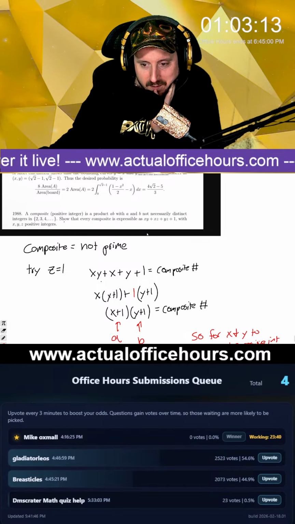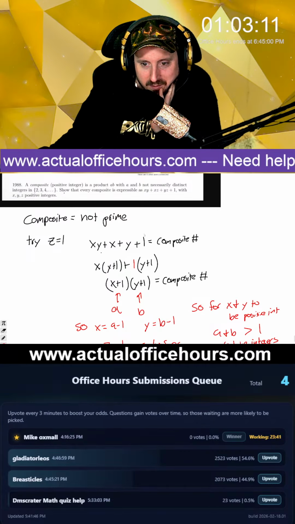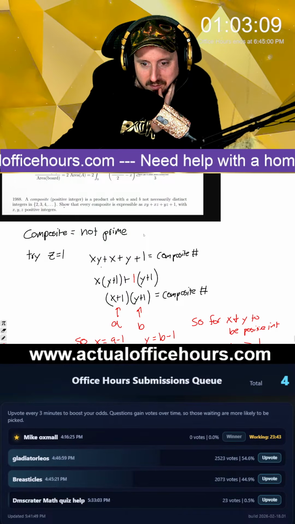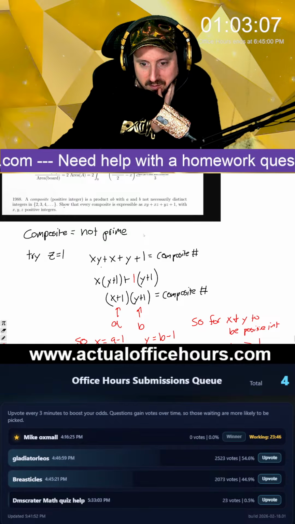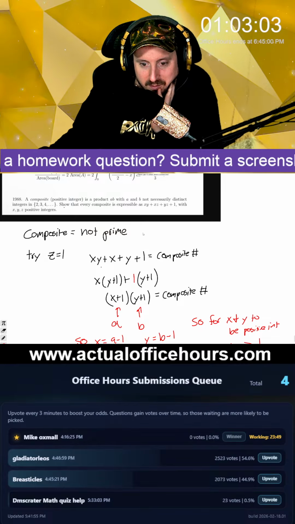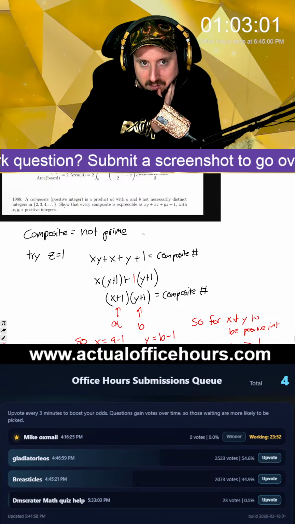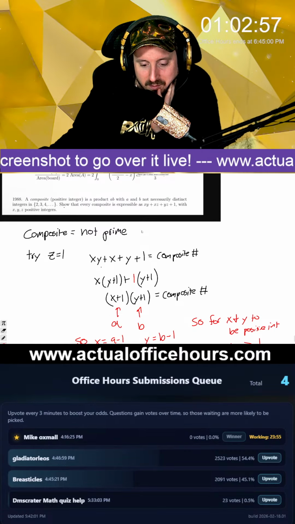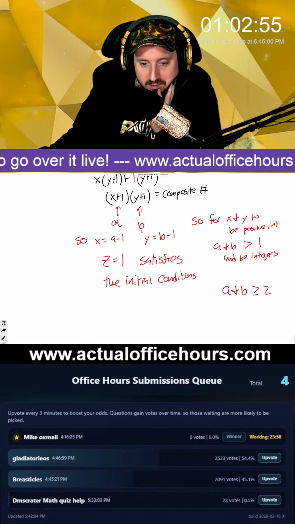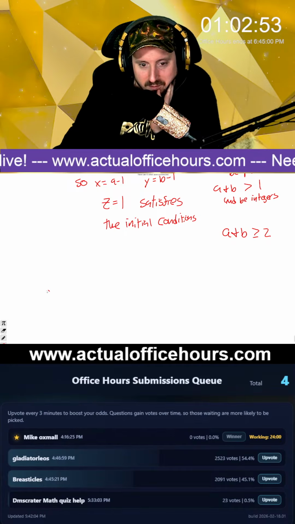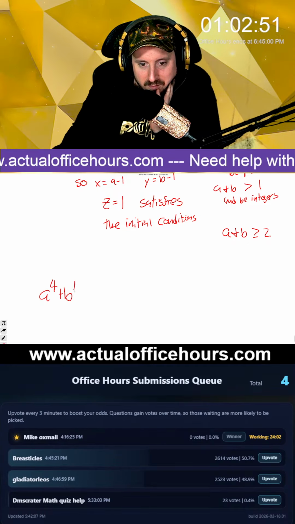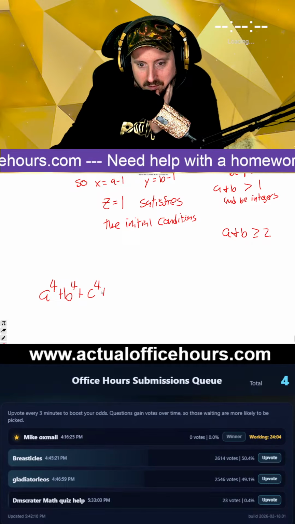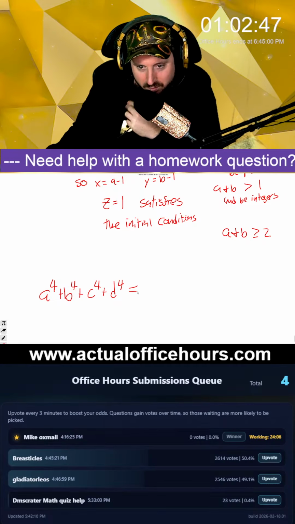I thought of this for a split second, but I don't think it has any correlation. The same result can be proven for the fourth power: if you add a to the fourth plus b to the fourth plus c to the fourth plus d to the fourth, all positive integers, that would result in a composite number.